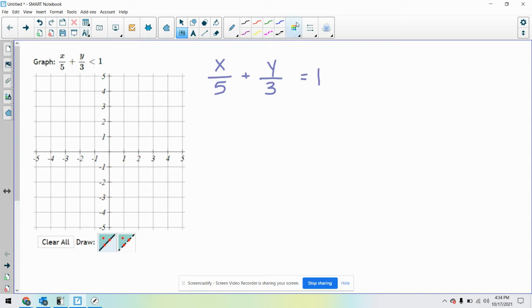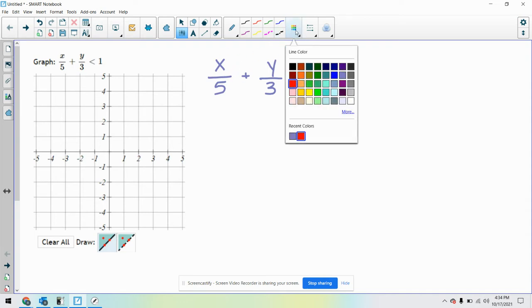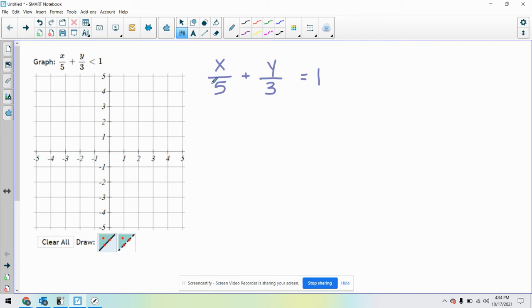Now I want to get rid of these denominators before I do anything else. So I'm going to multiply this entire equation by something that will get rid of the 5 and the 3. So I'm going to multiply this by the lowest common multiple of 5 and 3, or 15. So I'll distribute that 15 to every single term in the equation.